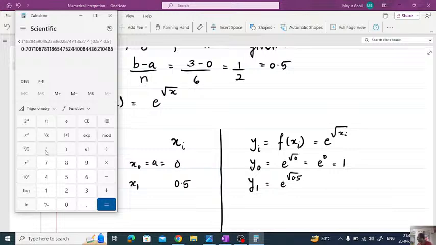What is the answer you are getting? E raised to root is 1.64. No, 2.028. Let me see. I am getting the answer here. E power root of 5, right? I think some error is there.